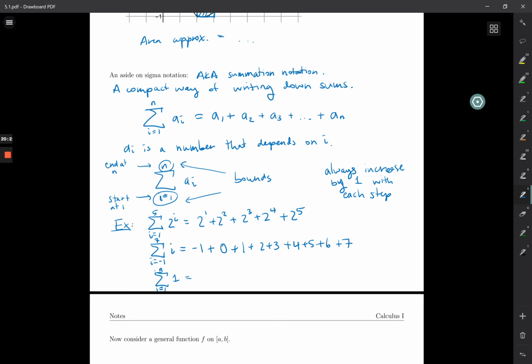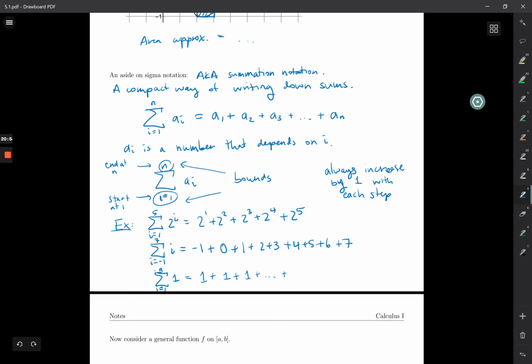Now notice that the thing that is in our sum, the thing that we're summing, does not depend on i, but that's okay. It just means it's not going to change with each step, but what is going to happen is we're going to sum 1 each time we make a jump, right? So for the first term we get 1, for the second term i equals 2, but that doesn't change the thing that we're summing, we still got 1, and so on.